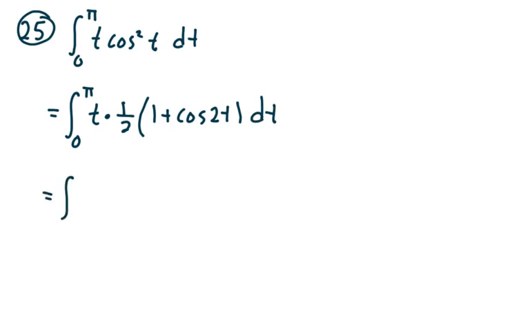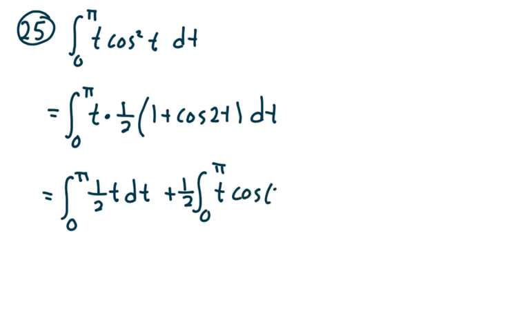And so this is the integral from 0 to pi of 1/2 t dt plus the integral from 0 to pi of 1/2 t cosine of 2t dt.